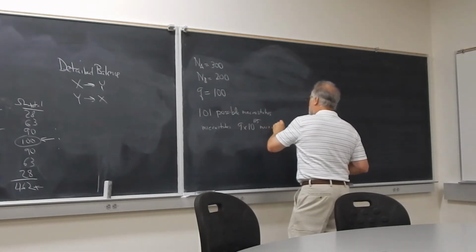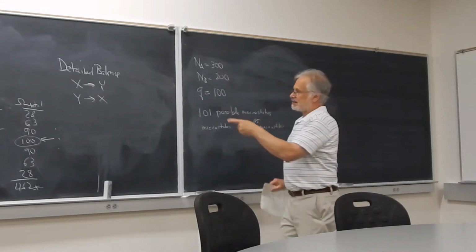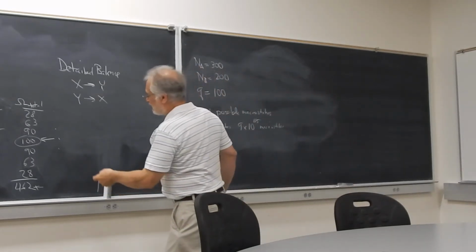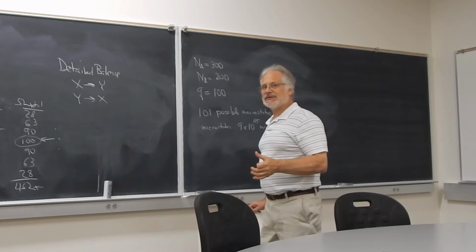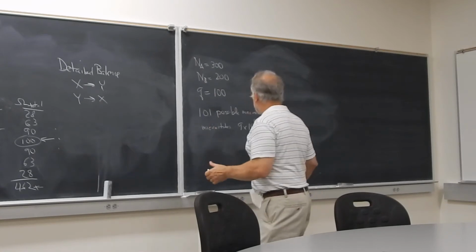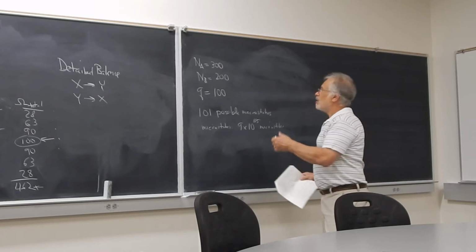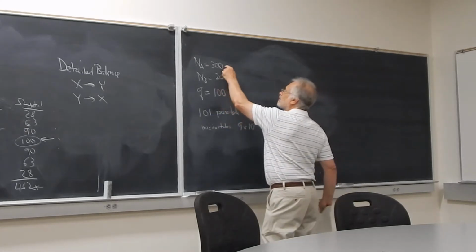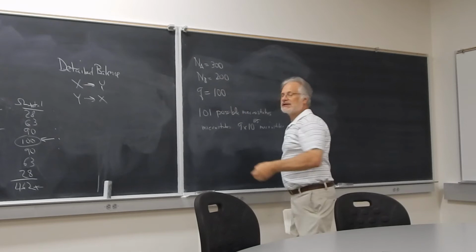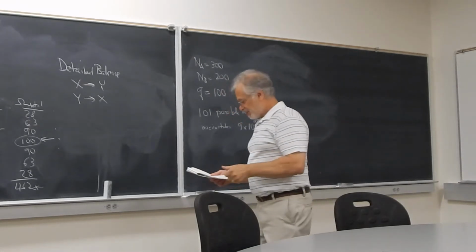So you might look at this 3 and 3 example as 462 microstates is a large number, but it is nothing compared with 9 times 10 to the 115th microstates, where we get to if we just go to 300 oscillators, 200 oscillators, and 100 units of energy to share between them.